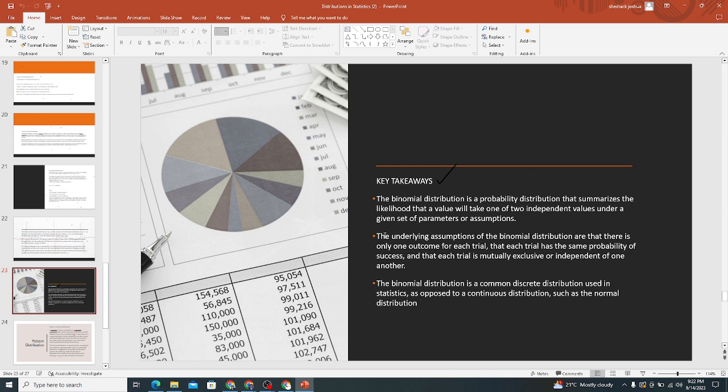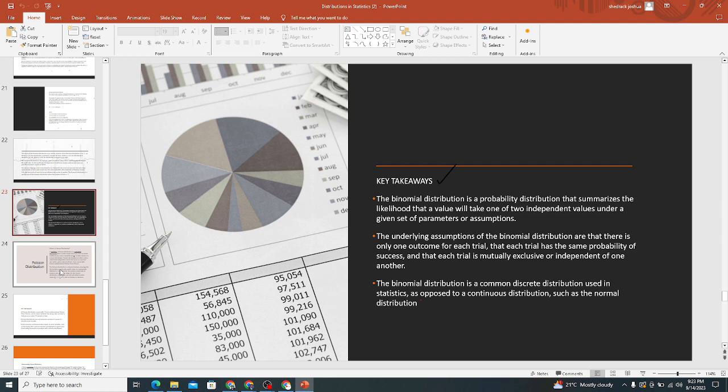We talked about the underlying assumptions: we expect only one outcome for each trial, each trial has the same probability of success, and each trial is mutually exclusive, or independent of one another. We are also saying that the binomial distribution is a common discrete distribution used in statistics, as opposed to a continuous distribution such as the normal distribution.